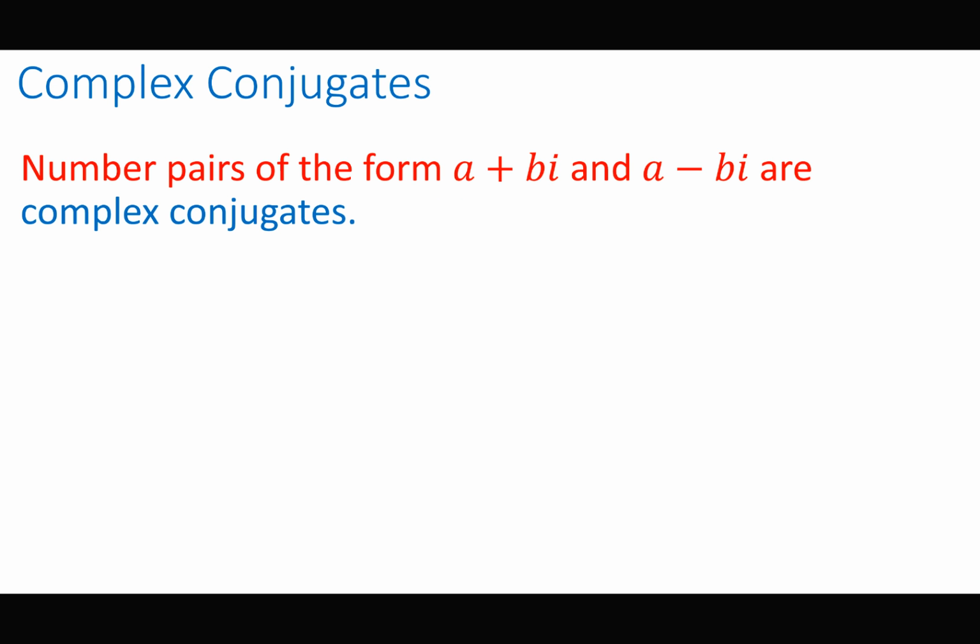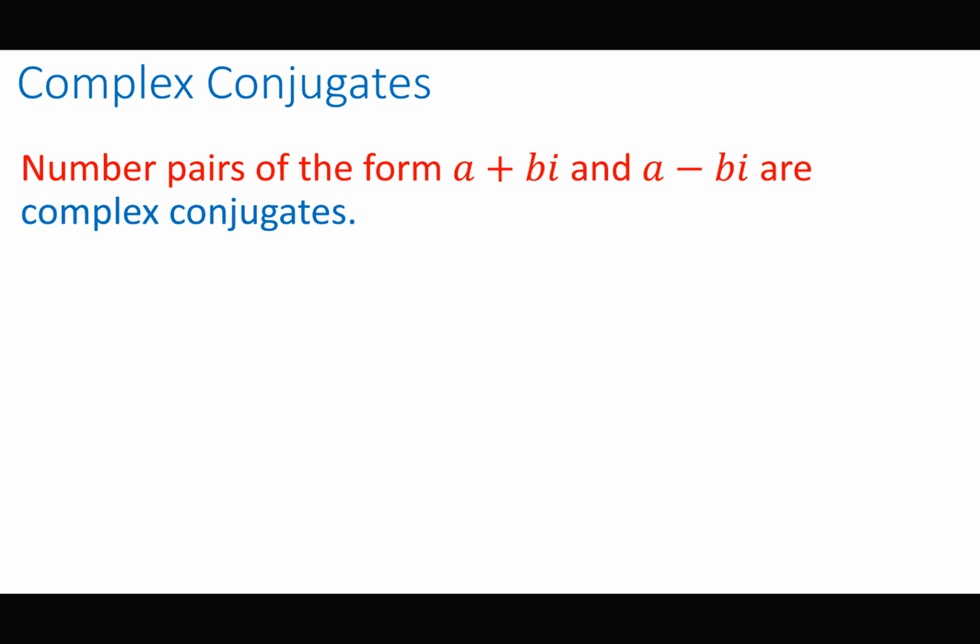Okay. First thing we're going to talk about are what are called complex conjugates. Complex conjugates are number pairs of the form a plus bi and a minus bi. All right, so we can think of the imaginary parts, the bi parts, as opposites.